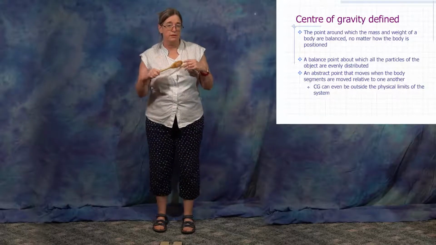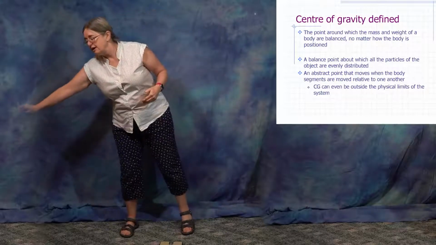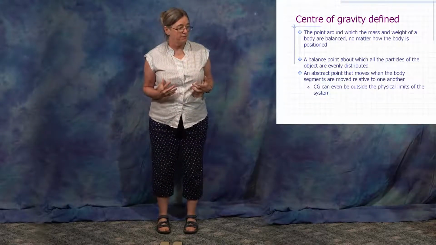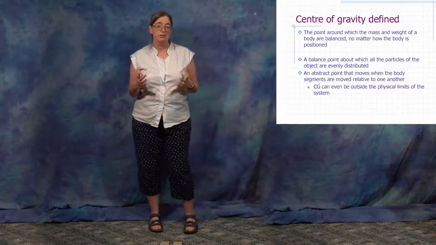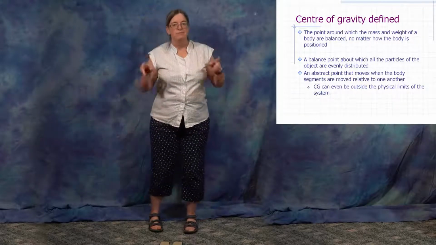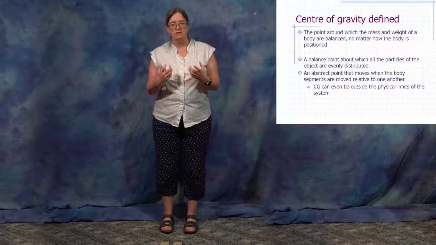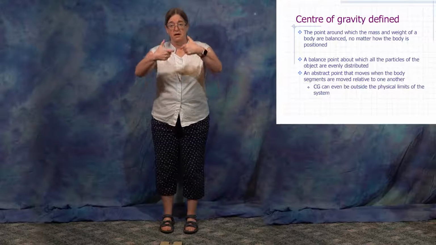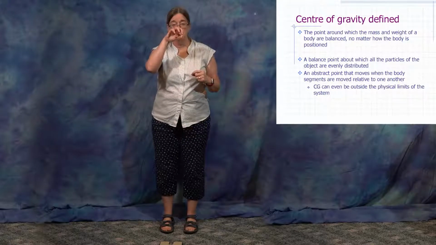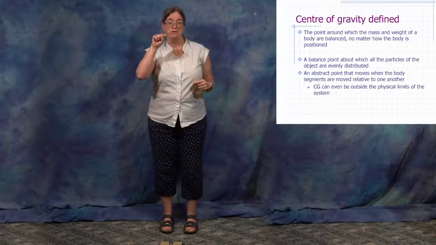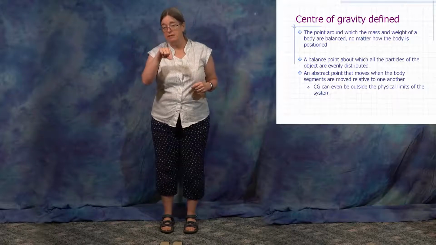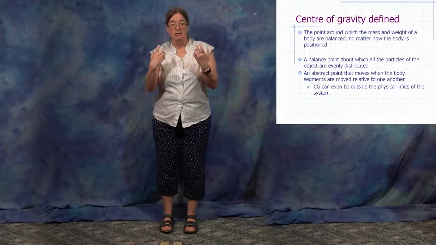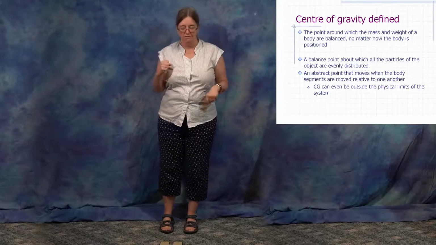It moves within the body. As we move, it changes its location within the body, and it even can be outside the physical boundaries of a system. So the easiest example of that, of course, is a donut. Nice hole in the middle where air is. That is where the center of gravity of a donut would be, even though it's not inside the body of the donut.